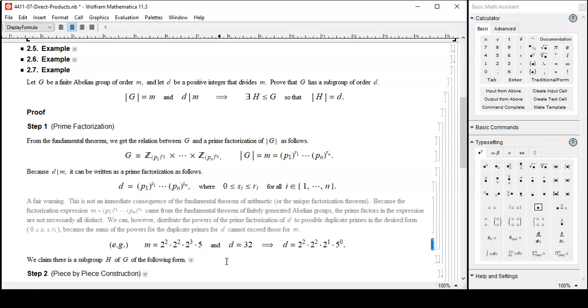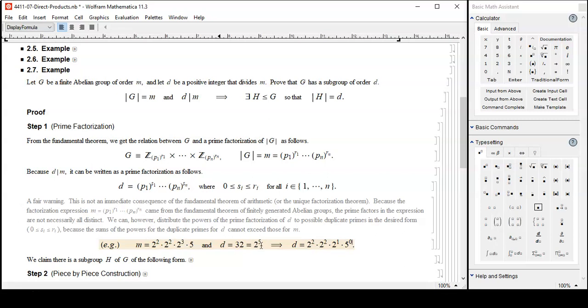You can redistribute the power, as you can see in this example, so that we can fill up to this, and then as much as you can fit in, go in there. You see, 32 is actually 2 to the 5th power. So if you consider 2 to the 5th power directly dividing this or that, nothing works.